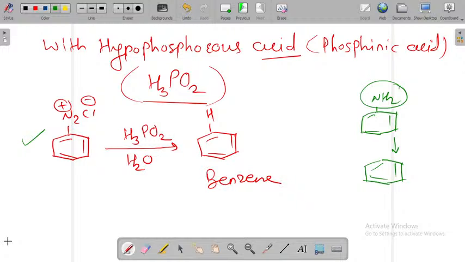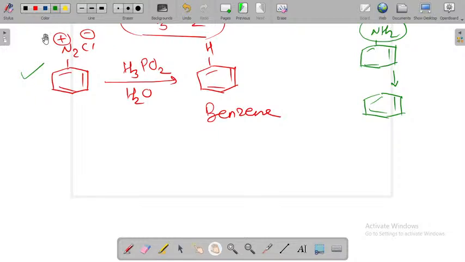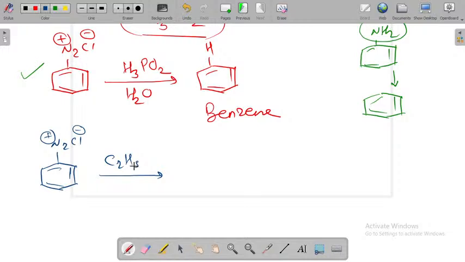There is another reaction for this. You can use a different reagent also. This is the benzene diazonium chloride, N2 plus Cl minus. On reaction with ethanol, C2H5OH, that also produces benzene. Just a proton donor is required.